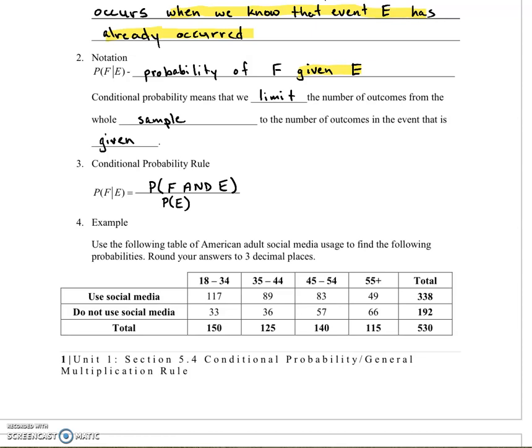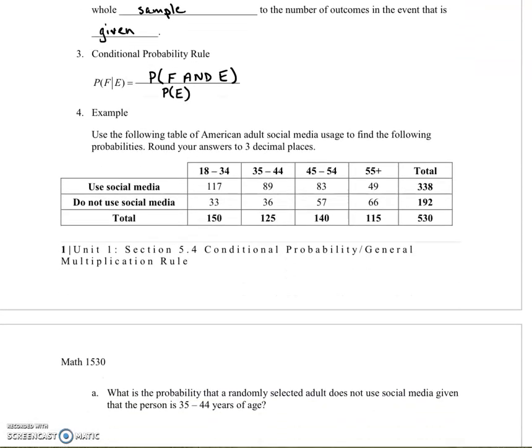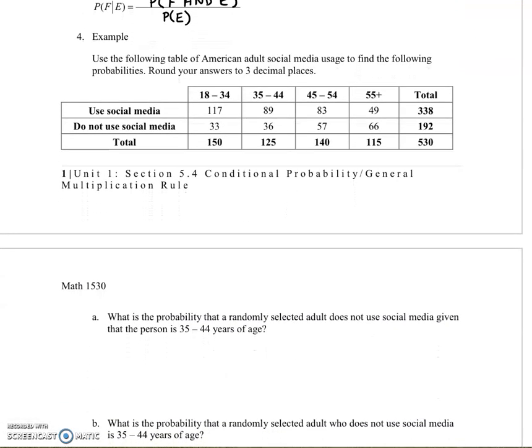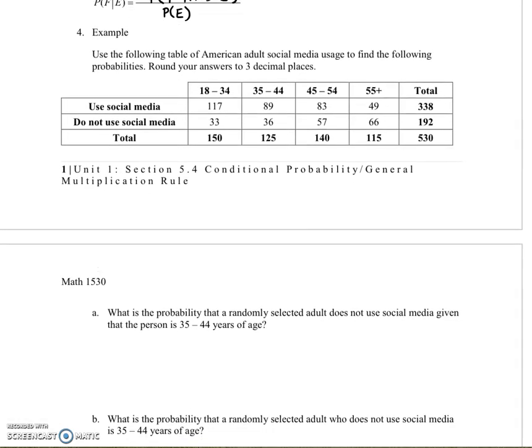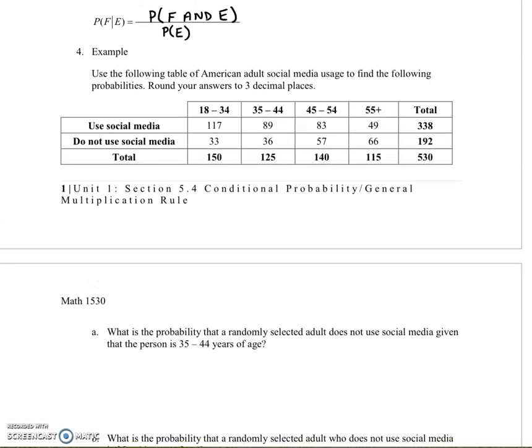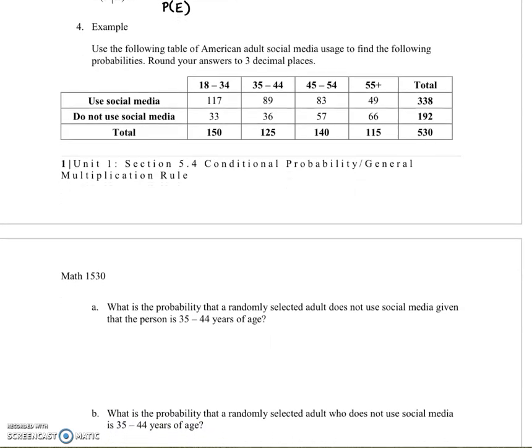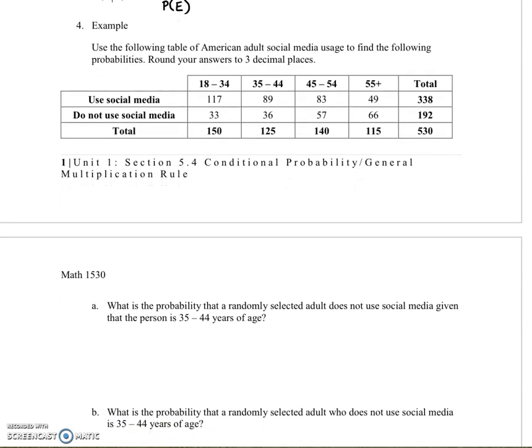So let's see what that means. For example here, in number 4, we have a table showing American adult social media usage, and we're going to use that to find some probabilities. It's based on age group and whether or not they use social media.